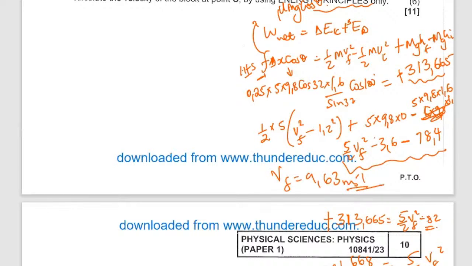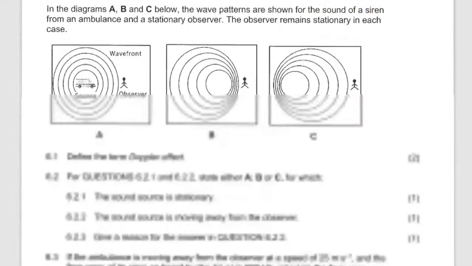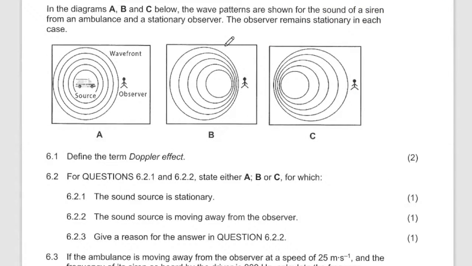All right, then question number 6. They're telling us that in the diagram A, B, C below, the wave patterns are shown for the sound. So this is A, this is B, and then this is C. Can we define the Doppler effect? So we know that the Doppler effect is just the apparent change in the frequency that is received by the listener as a result of the change in the velocities and so on.